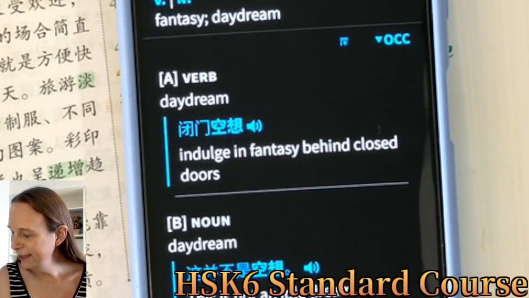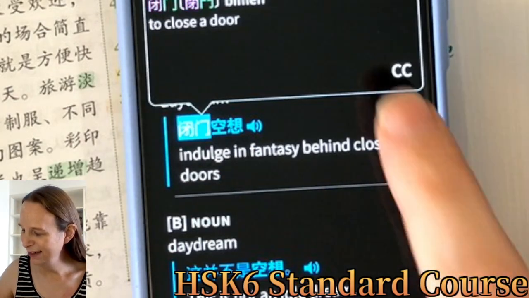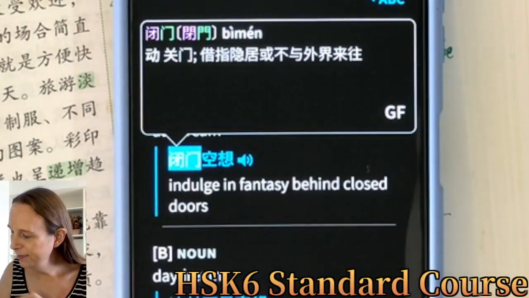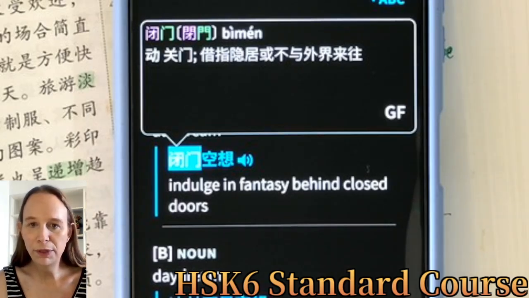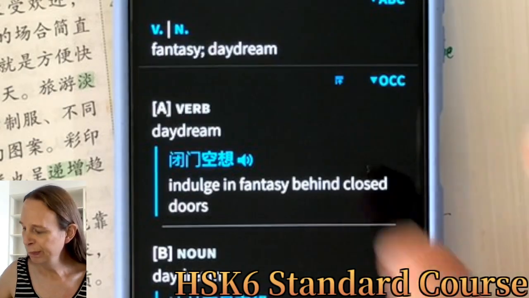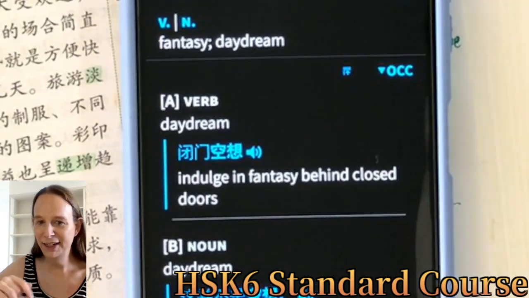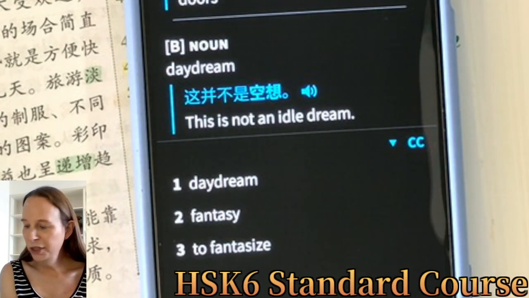闭门空想. All right, so this is like 闭门, close the door. 杜绝隐居或不与外界来往. So behind closed doors. This sounds like you don't want to hear alternative opinions or something like that. 这并不是空想.